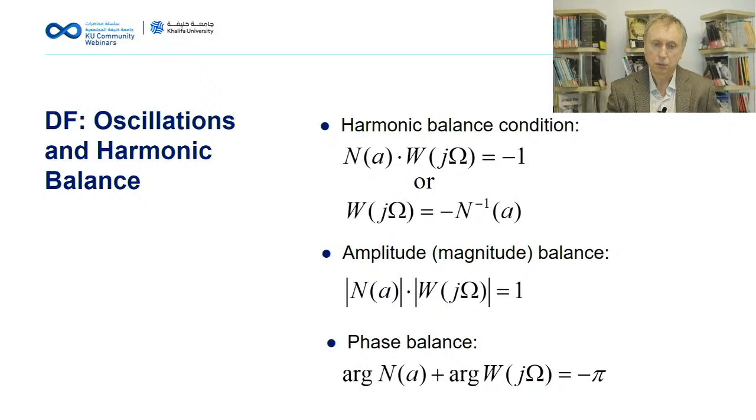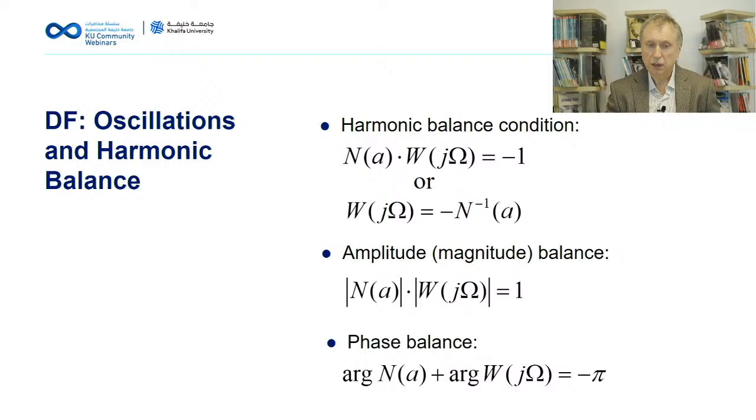On the one hand, we can draw W, which will be the Nyquist plot, and on the other hand, we can draw the negative reciprocal of the describing function as a function of A. And if they have a point of intersection, then this point of intersection is the solution of the harmonic balance equation, and we have the frequency and the amplitude of the oscillations.